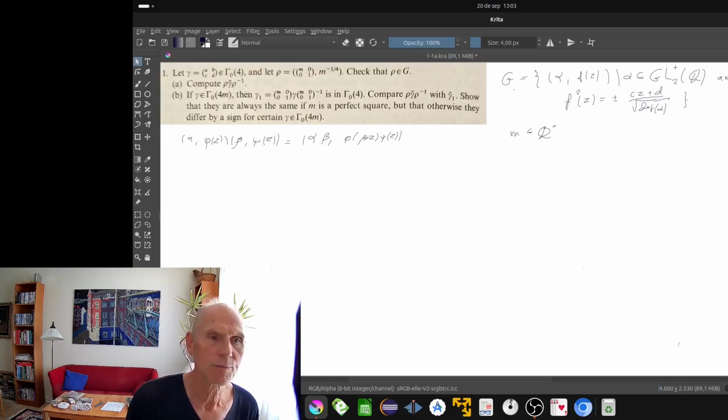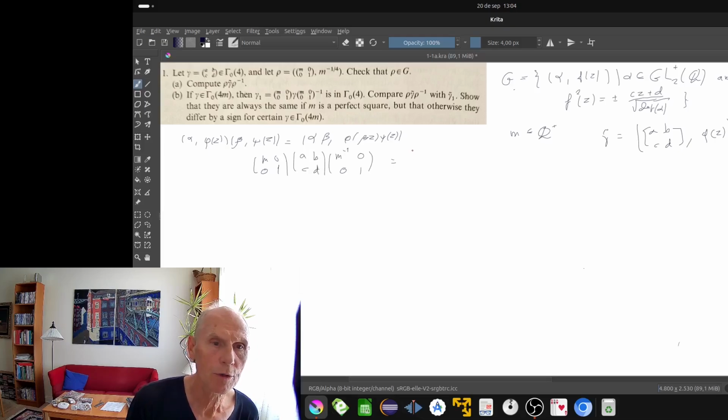All right, so it's A, B, C, D, point some function, let's call it phi of z, and let's do the matrices first, and we start from the left.